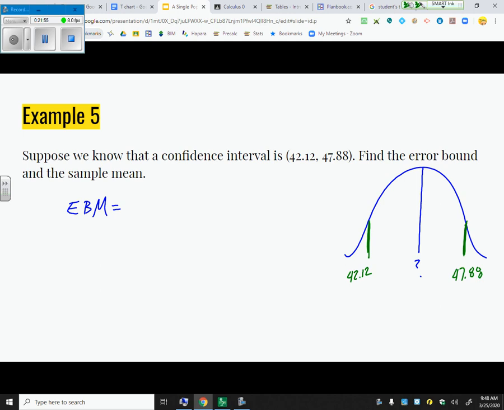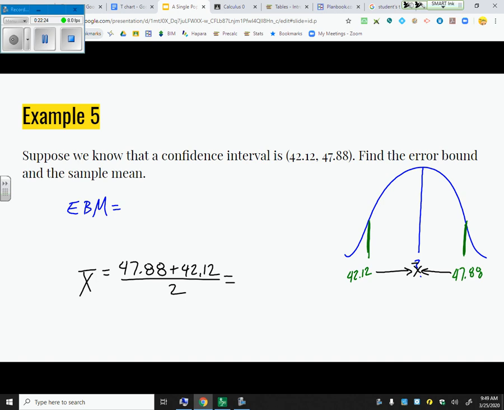Put the sample mean, x bar, here. If I look at what is smack dab in the middle between these two, that's my x bar. So to figure out what my x bar is, I just need to take my confidence interval, the 47.88 and 42.12, doesn't matter which one you put first, and just average them.